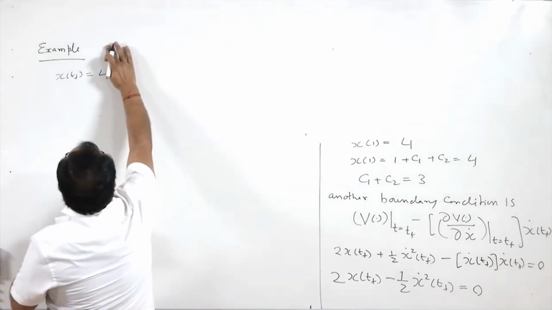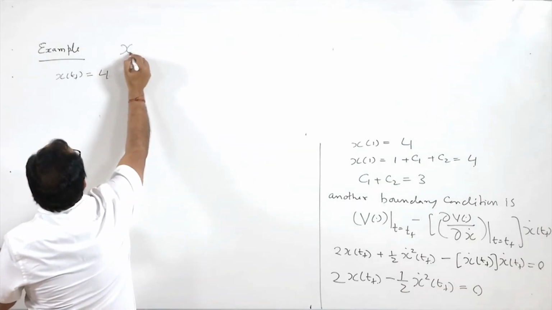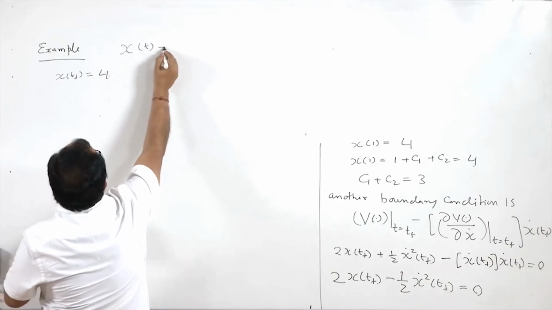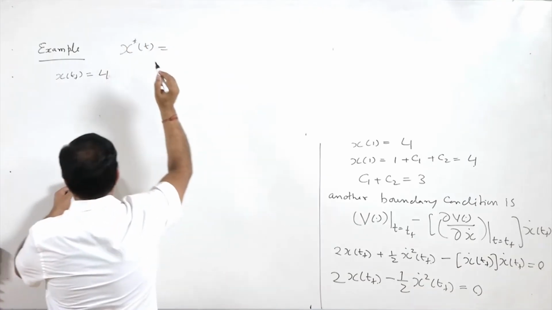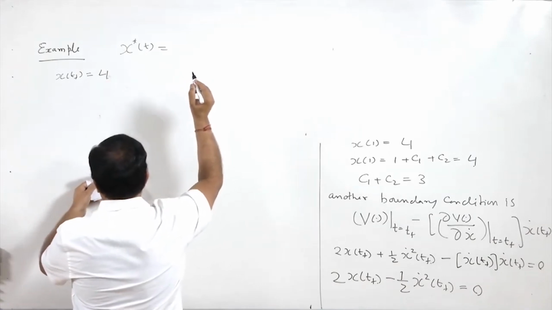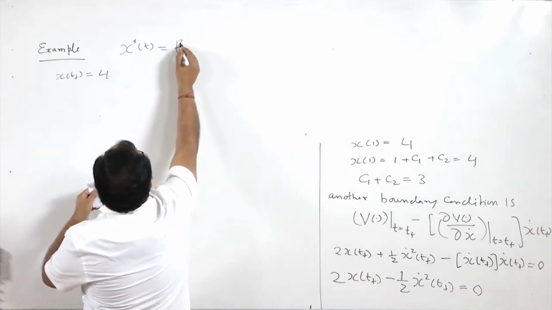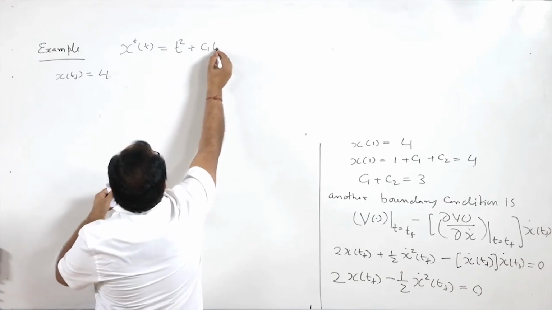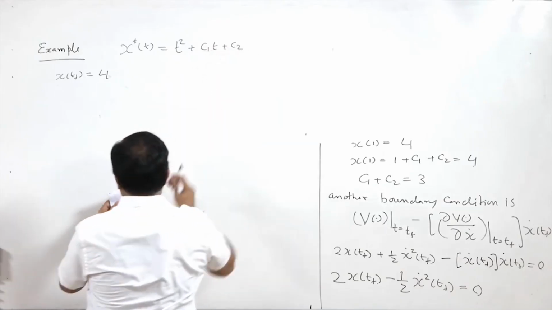If you see, we have found x*(t) as t² plus C1 t plus C2.